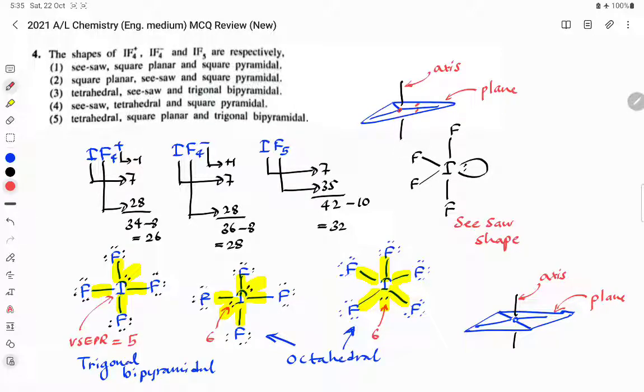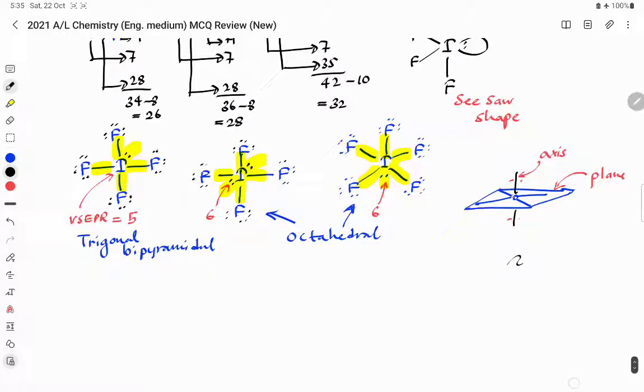So there are 2 lone pairs. If we draw this iodine, these 2 are lone pairs, and these 4 are fluorines. So it's a square planar shape. The shape is square planar.